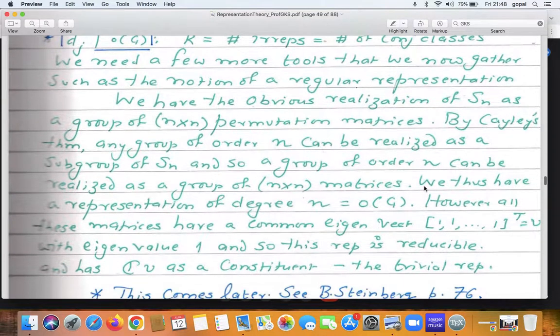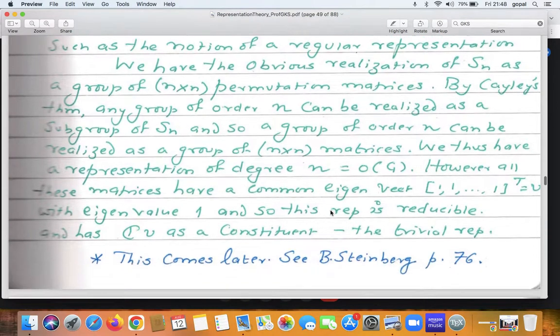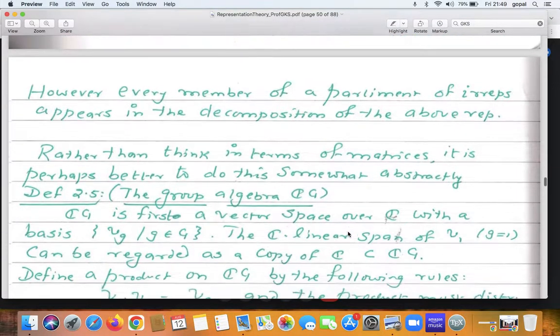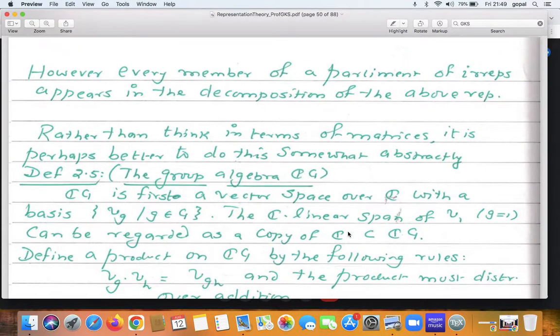So we have got a representation of degree n. All these matrices have a common eigenvector with eigenvalue 1, and so this representation is not irreducible, and it has the trivial representation as a constituent. Now, we are going to see that every member of the parliament of irreducible representations appears in the decomposition.